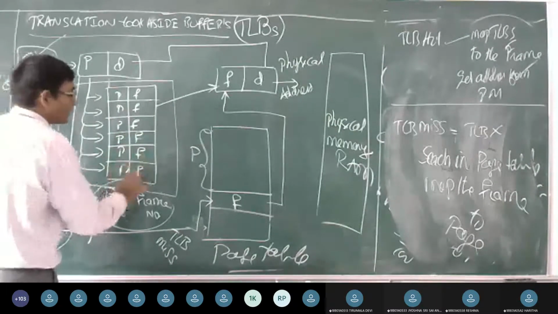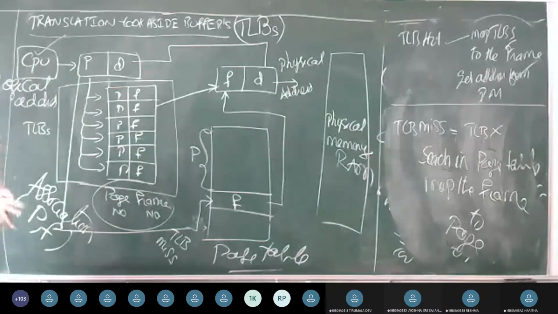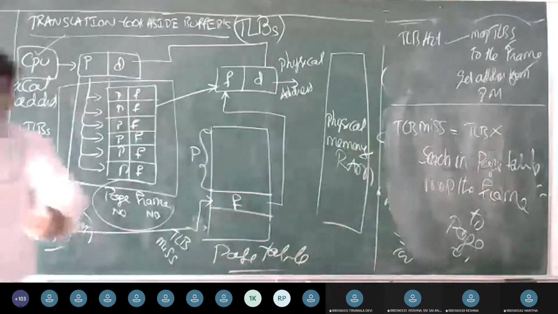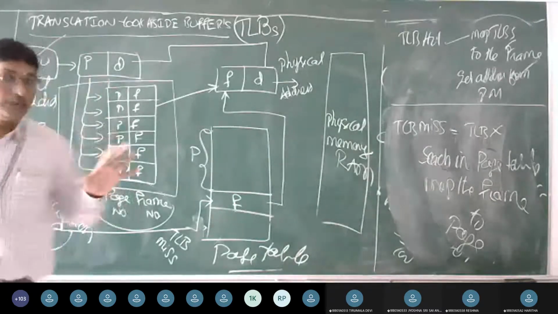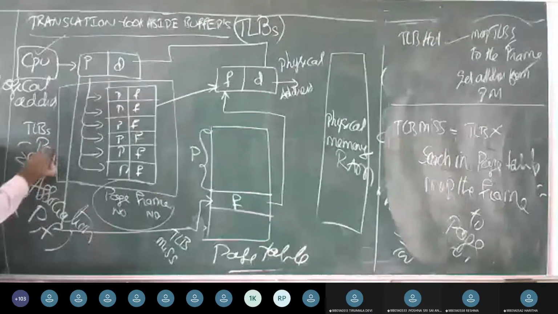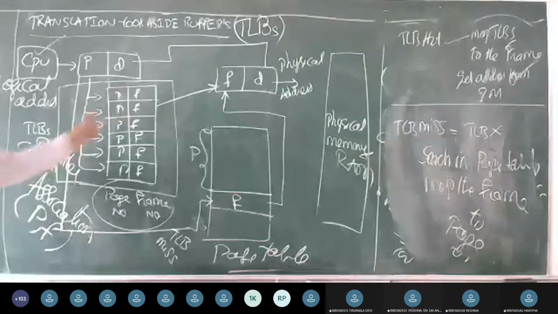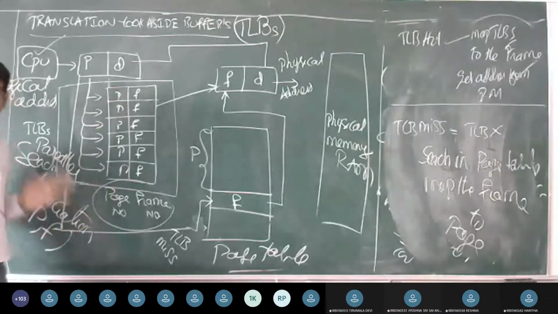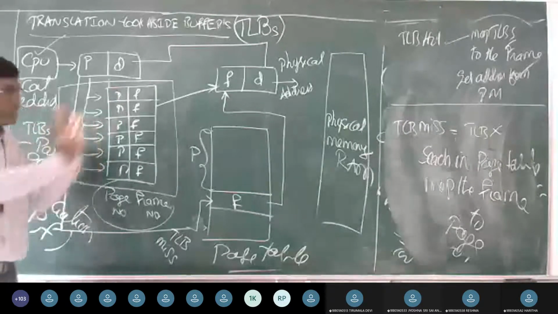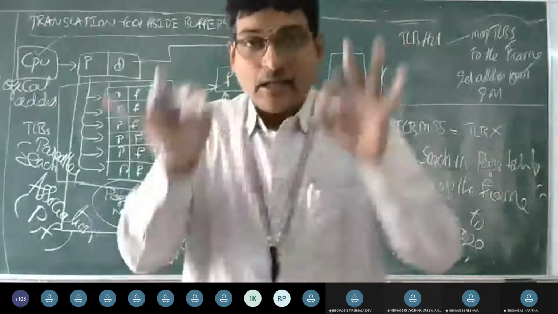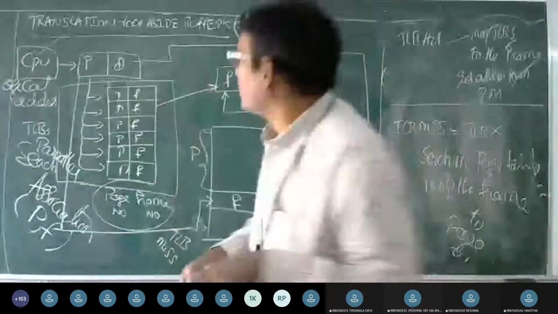In this way, we make a merging operation to do the search. How is this search done? The search is going to be done in parallel. If there are 6 pages, at a time 6 pages are going to be searched.